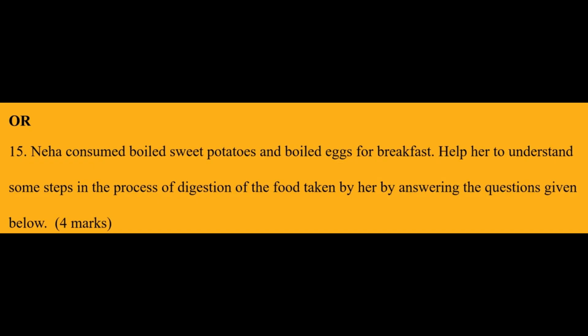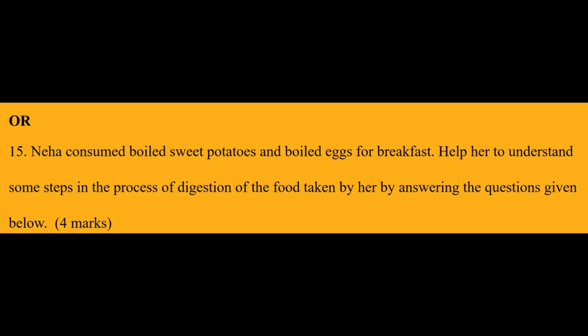Which of these food items is rich in proteins? Sweet potatoes or boiled eggs? Which is having full proteins? Boiled eggs will be the answer. And in which part of the alimentary canal is the digestion of this component initiated? Where is it first starting? It starts in the stomach.